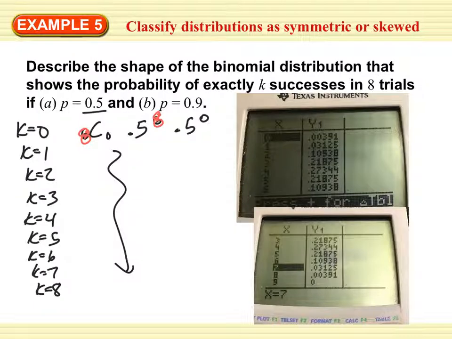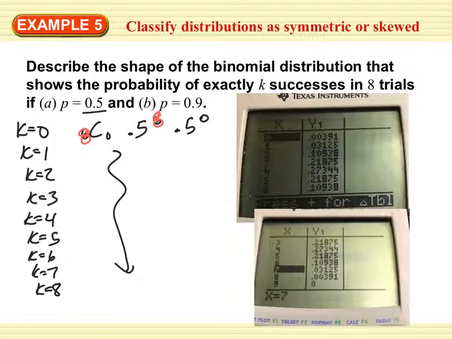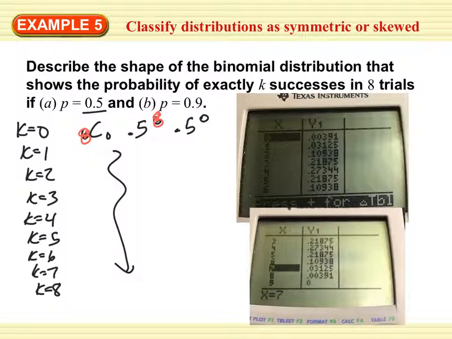Make a histogram. We would see that k equals 8 is the exact same as k equals 0. Okay, k equals 7 is the same as k equals 1, 6, 2, right?